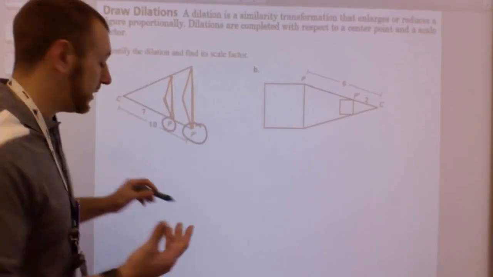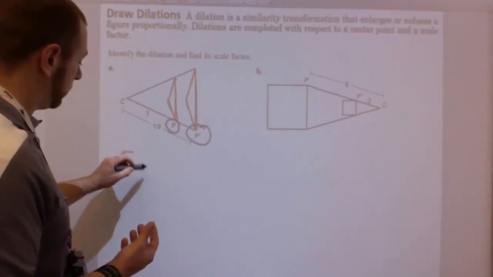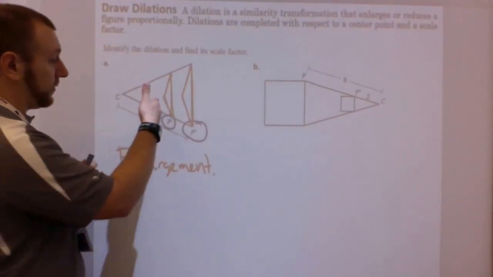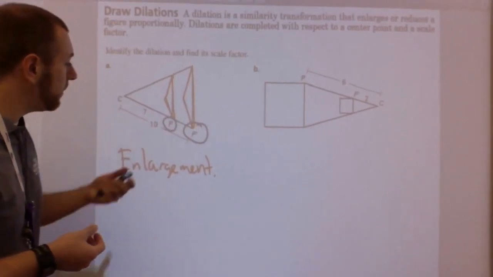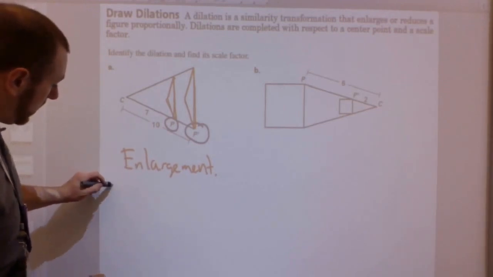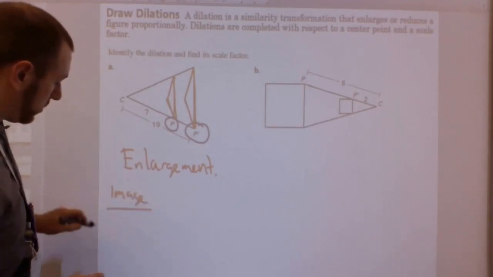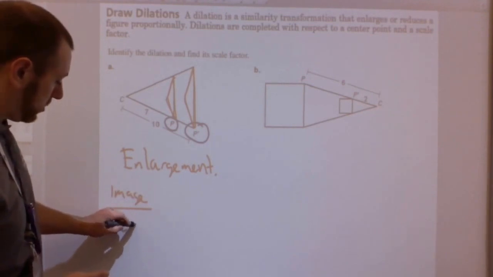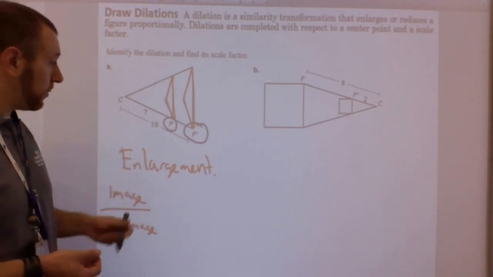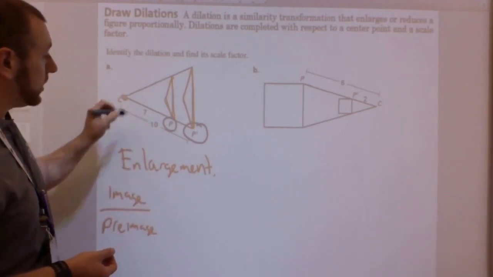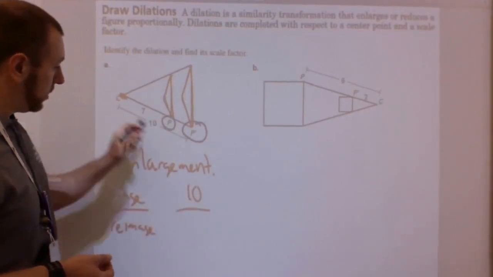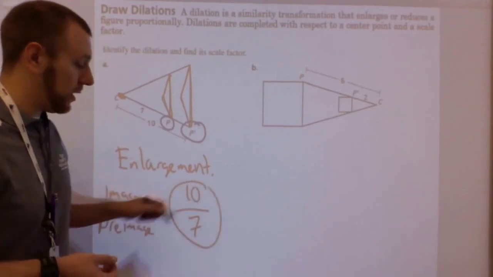We can tell that's an enlargement, because the figure's getting bigger. The scale factor is going to be the image over the pre-image, the after over the before. So the distance from C to my image is 10 over 7. That is my scale factor.